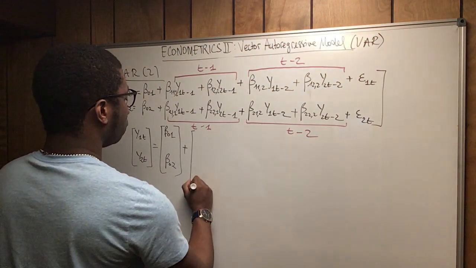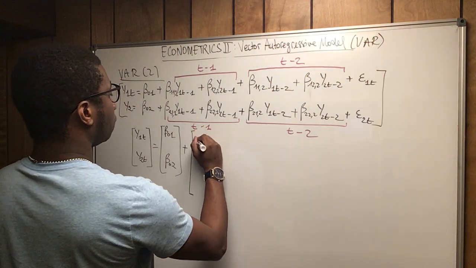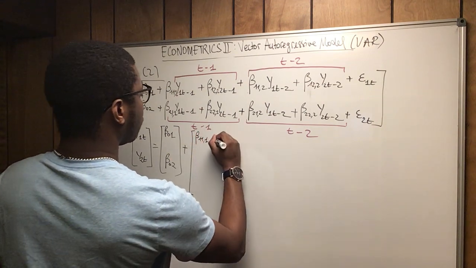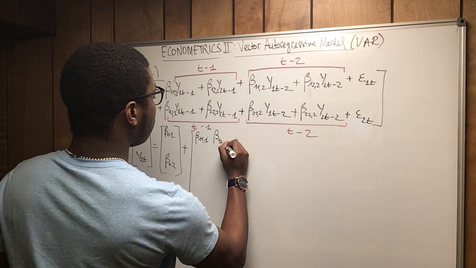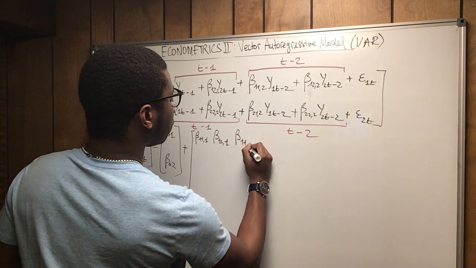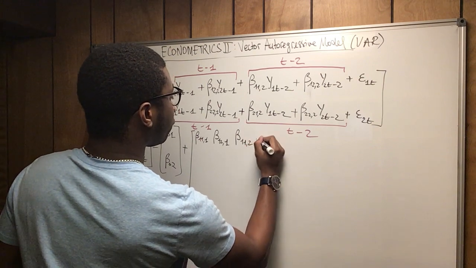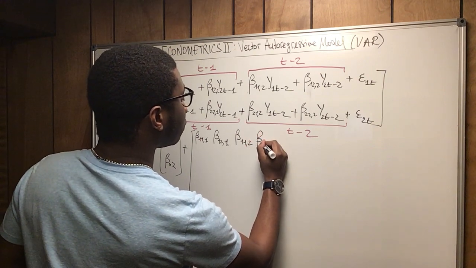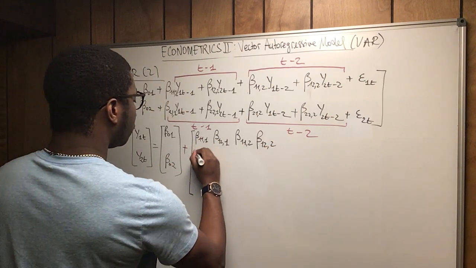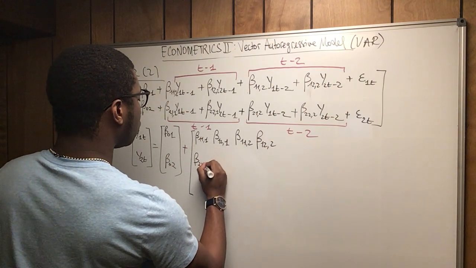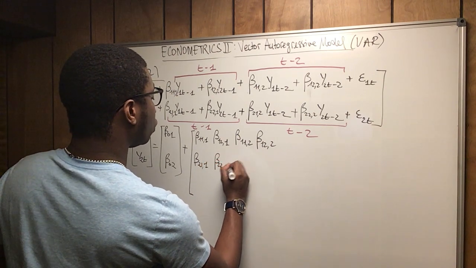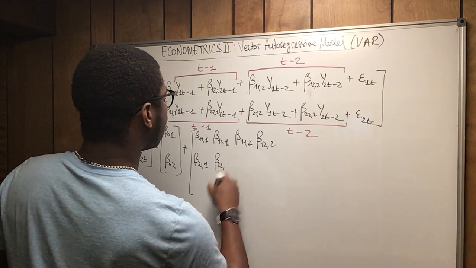Plus, all right, so beta 11 comma 1, beta 12 comma 1, beta 11 comma 2, beta 12 comma 2, beta 21 comma 1, beta 22 comma 1, sorry guys.